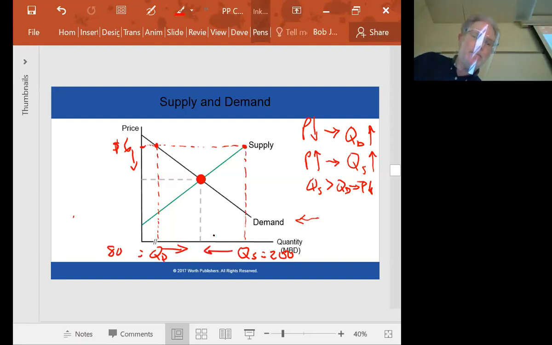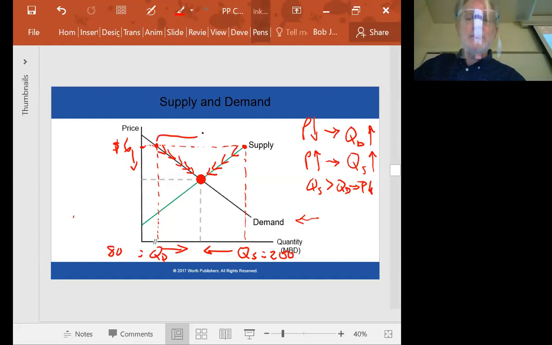So as the price is falling, consumers are moving down along their demand curve. Producers are moving down along the supply curve. As the price is falling, what is happening to that surplus?